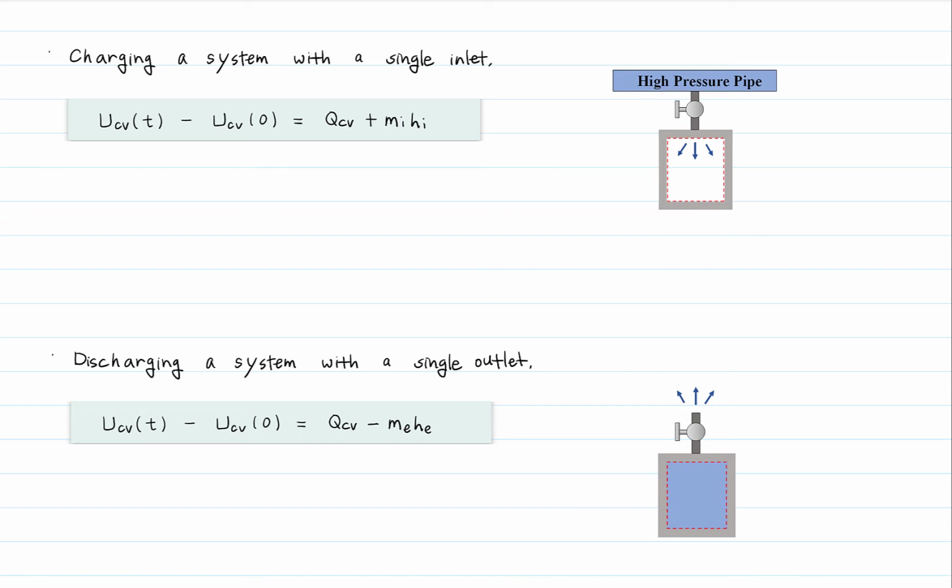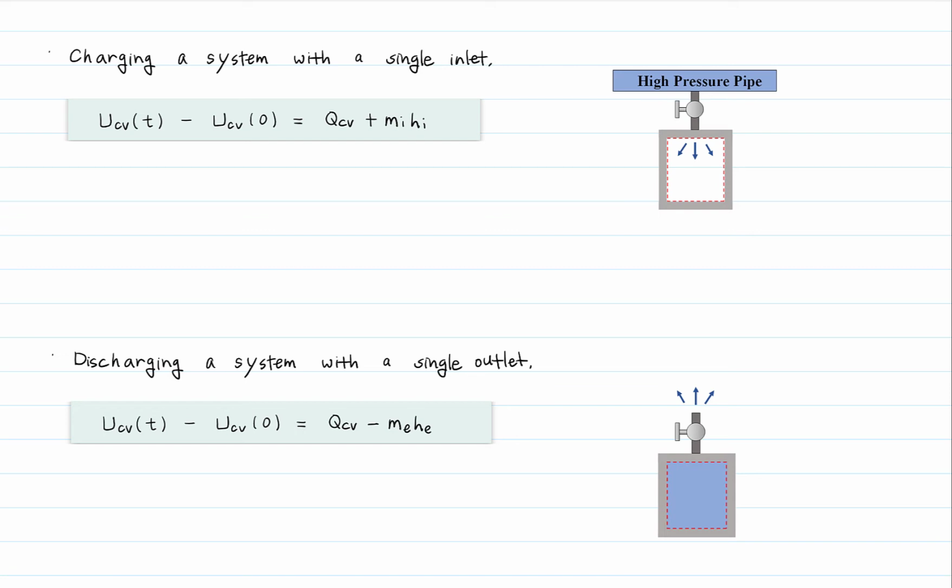The typical examples of transient analysis include charging an empty container with a fluid, or discharging of a fluid from a pressurized container. Let's first take a look at a rigid tank that is connected to a high pressure pipeline through a valve. Note that it has only one inlet and there are no other ports. Initially the tank is empty. And when the valve is opened, the tank is supplied with fluid from the pipe until the pressure equalizes.